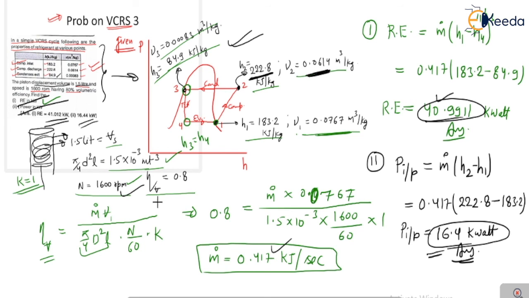By this we can easily obtain our RPM speed and volumetric efficiency. By applying the volumetric efficiency formula, we put in all the given values and obtain the mass flow rate, and using this mass flow rate we can easily calculate refrigeration effect and power input. So this is the way to solve any question.